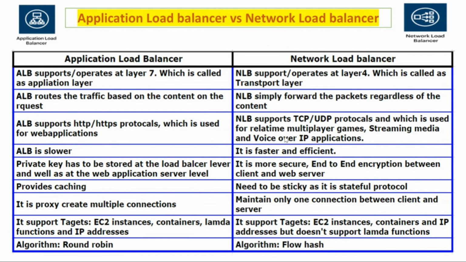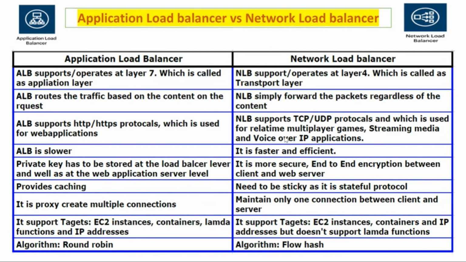One thing that is important here is, if we are using application load balancer, we need to make sure that the data is encrypted and that it will be decrypted as well. That is how it is going to read the data. Whereas network load balancer doesn't do any decryption of data, it will just directly send the traffic to the respective servers in the backend of the network load balancer.